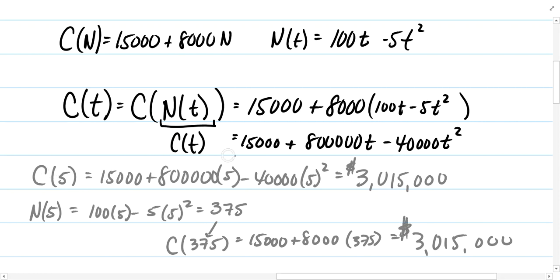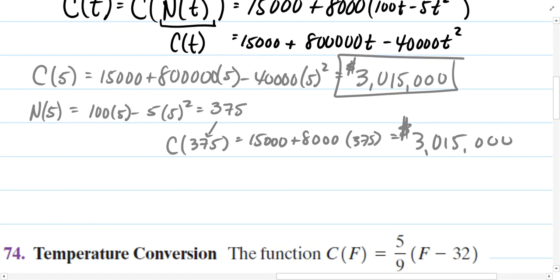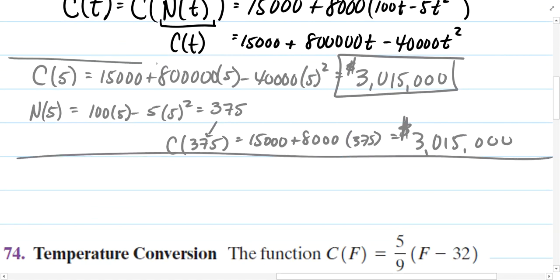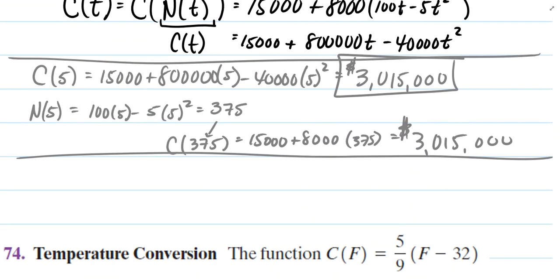So again, the composed function saves us some time because we can establish the cost based on time rather than working through two intermediate steps. But also it helps us with problem solving too. So what if the company has $5 million that they're willing to invest for additional production? They would like to know how much time the factory can stay open.